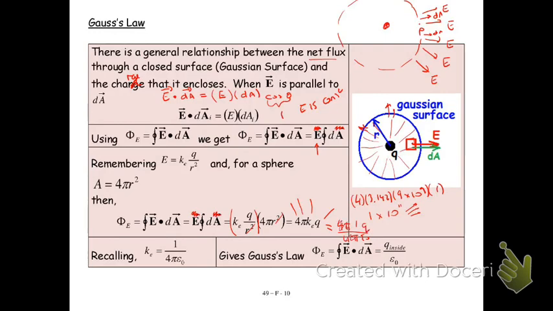I get Q over epsilon naught, where Q is the amount of charge inside my Gaussian surface. So I get a very simple relationship between the amount of flux and the charge that's trapped inside. And that's kind of useful. It's the amount of charge divided by epsilon naught, which is a constant.